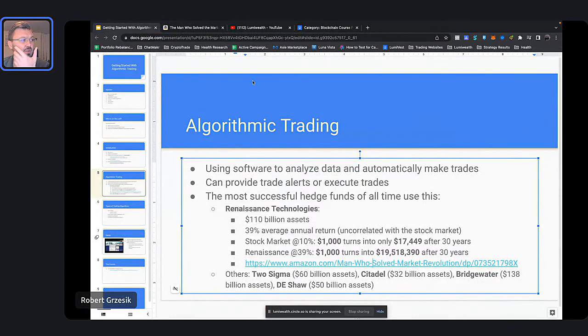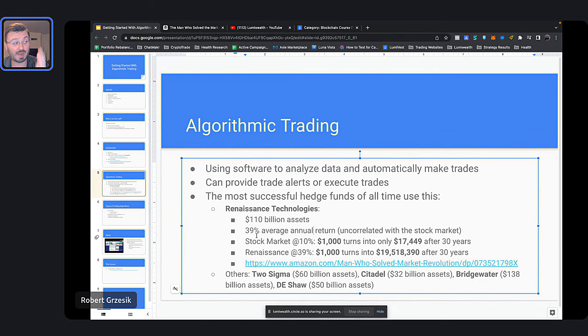But to tell you about their performance, last time I checked, they had about $110 billion of assets. And this is over a long period of time, by the way: on average, over 30 years, they've made around 39% average returns. So during a really good year, for example 2021, these guys made like 150% or something like that.